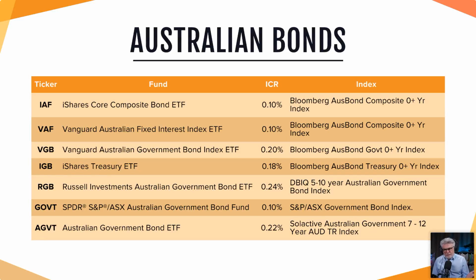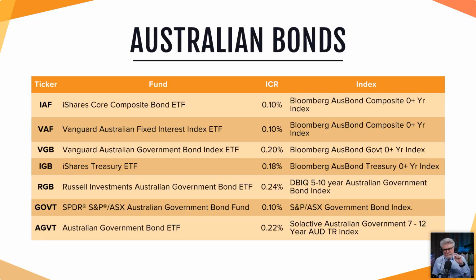They both track the same index, the Bloomberg AusBond Composite. And composite meaning it covers government and corporate, and it's 0+, so it starts with the very short end. And as we'll see in the chart in a moment, they perform almost identically.